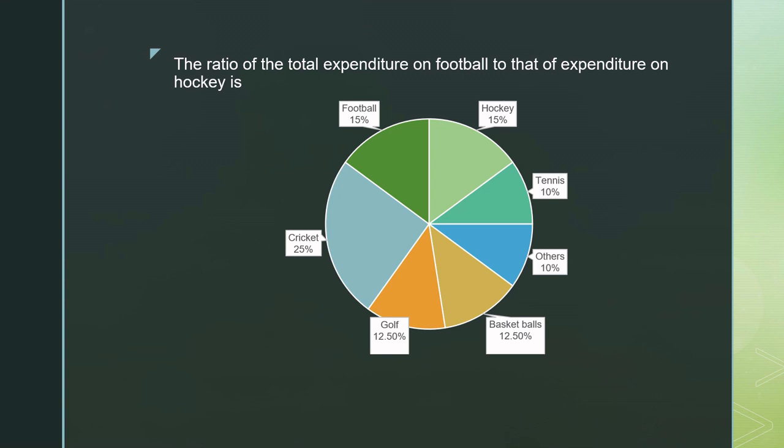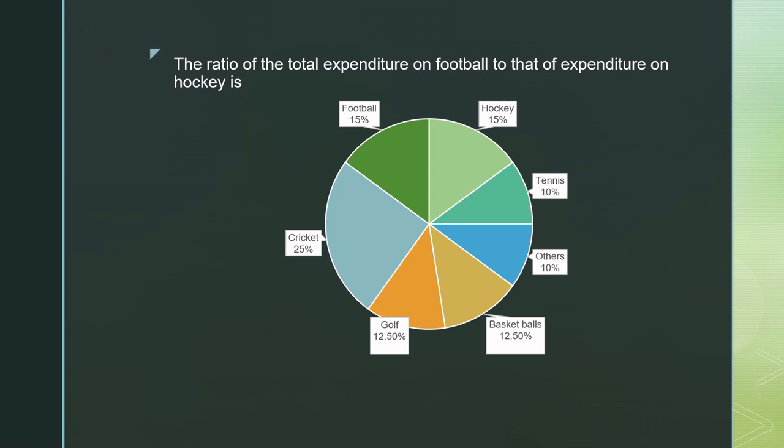And conversely, if degree data are to be converted into a percent figure, then it is divided by 3.6. So we have to remember that the total quantity in question is distributed over a total angle of 360 degrees. Okay, so this is called a pie chart or circle graph.